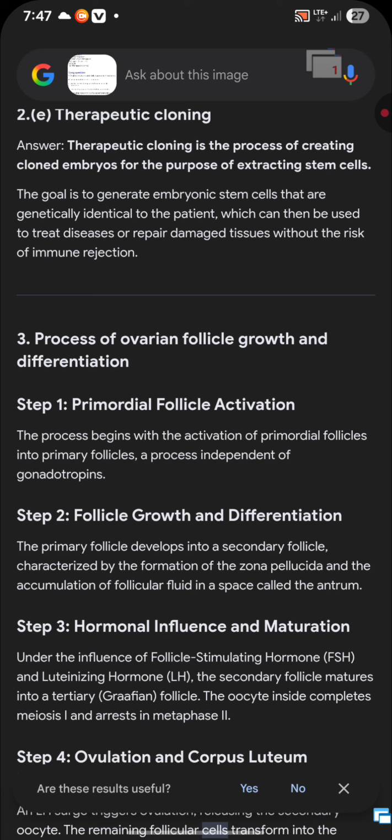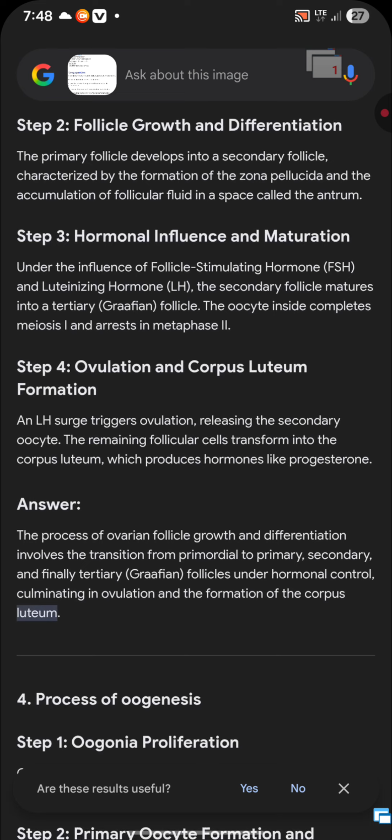The remaining follicular cells transform into the corpus luteum, which produces hormones like progesterone. Answer. The process of ovarian follicle growth and differentiation involves the transition from primordial to primary, secondary, and finally tertiary, Graafian, follicles under hormonal control, culminating in ovulation and the formation of the corpus luteum.